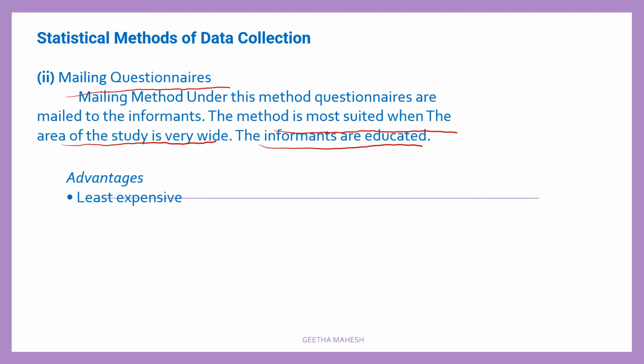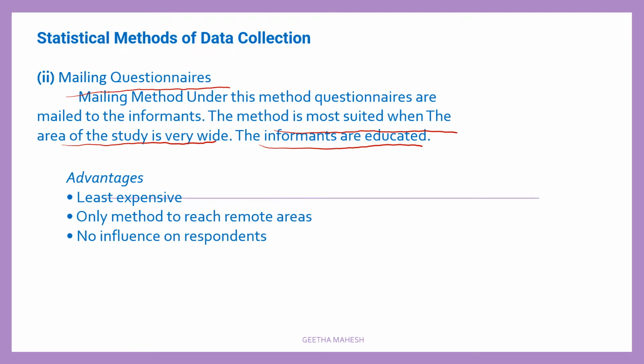Least expense, as we will be mailing the questionnaire; the expense is very less under mailing questionnaire. Only method to reach a remote area is mailing a questionnaire. No influence on respondent, as we are just sending a questionnaire to the respondent and he will fill the questionnaire and he will send it back.